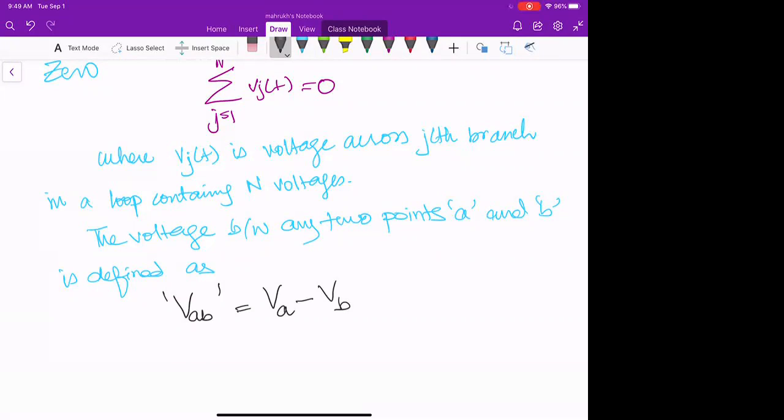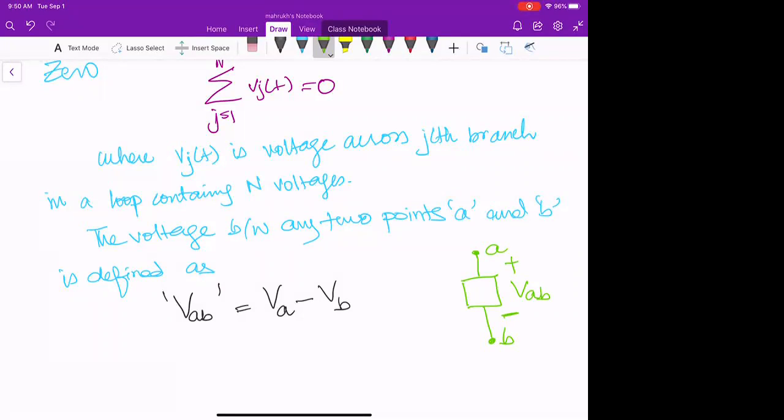And they are following. So if this is the element, and this is the point A, and this is the point B, then this potential is VAB, right?